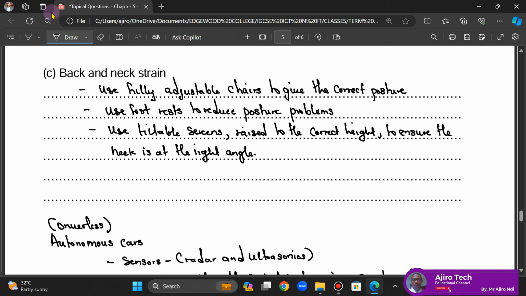So you can use the screen raised to the correct height to ensure the neck is at the right angle. This is one way we can reduce the strain from sitting in front of the computer screen for a long period of time.